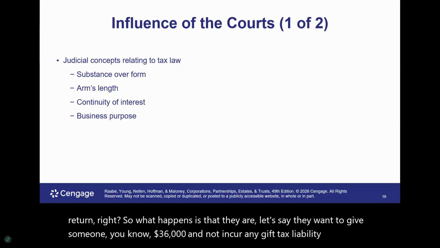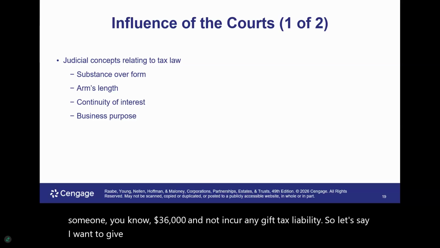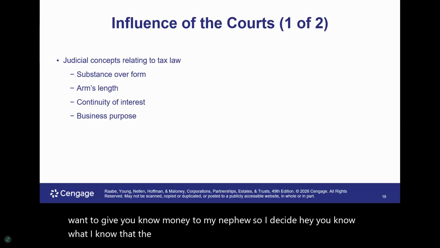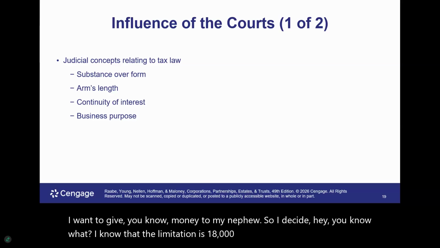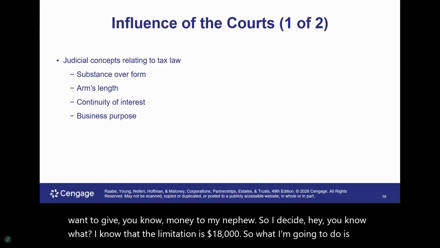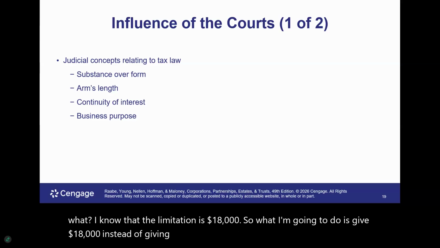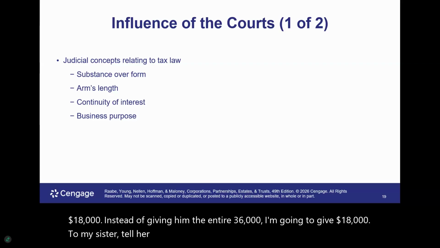Let's say I want to give money to my nephew. So I decide, hey, you know what? I know that the limitation is $18,000. So what I'm going to do is give $18,000 instead of giving him the entire $36,000. I'm going to give $18,000 to my sister, tell her to give him the $18,000, and then I give him the other $18,000.